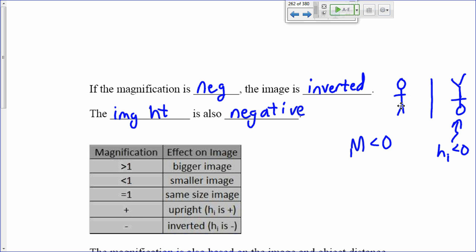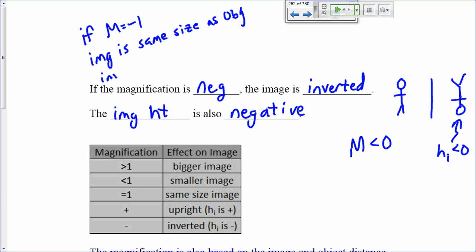If the magnification is -1, it means that the image is the same size as the object, because the magnitude of the magnification is 1. But it means that the image is inverted.